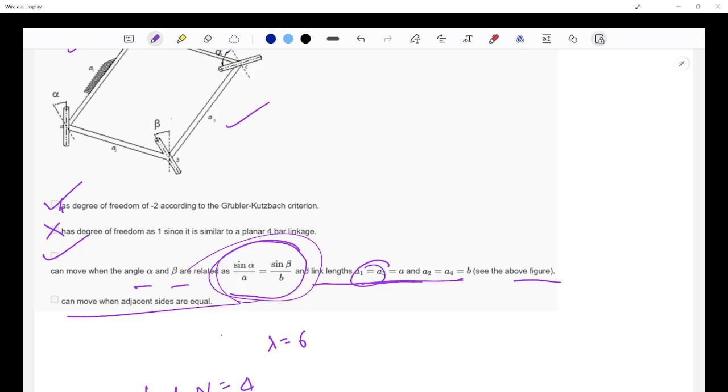Okay. Then in the fourth option, we have can move when adjacent sides are equal. It's wrong because the correct condition is opposite sides are equal and not adjacent sides. Also, the angle relation is mandatory. So just equal length is not sufficient. But then the angle relation is mandatory. So this question basically tests if you are confusing a planar 4-bar mechanism with the Bennett linkage.